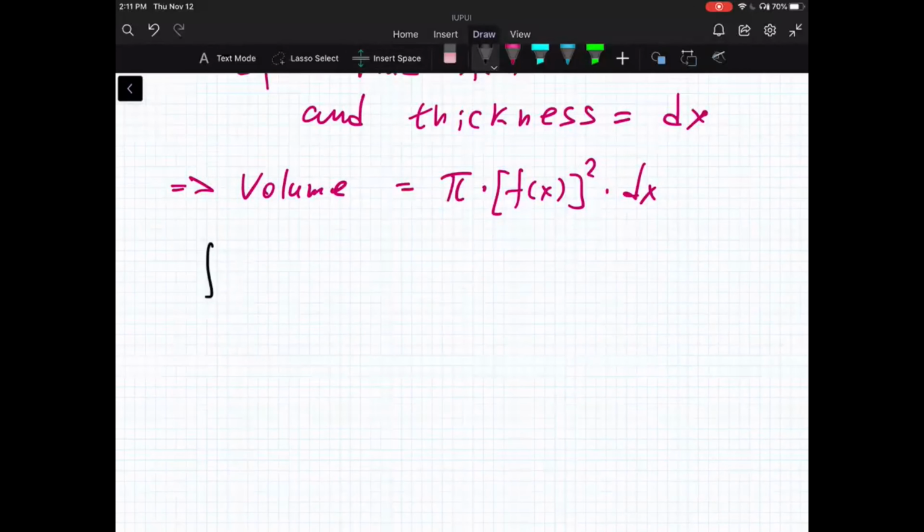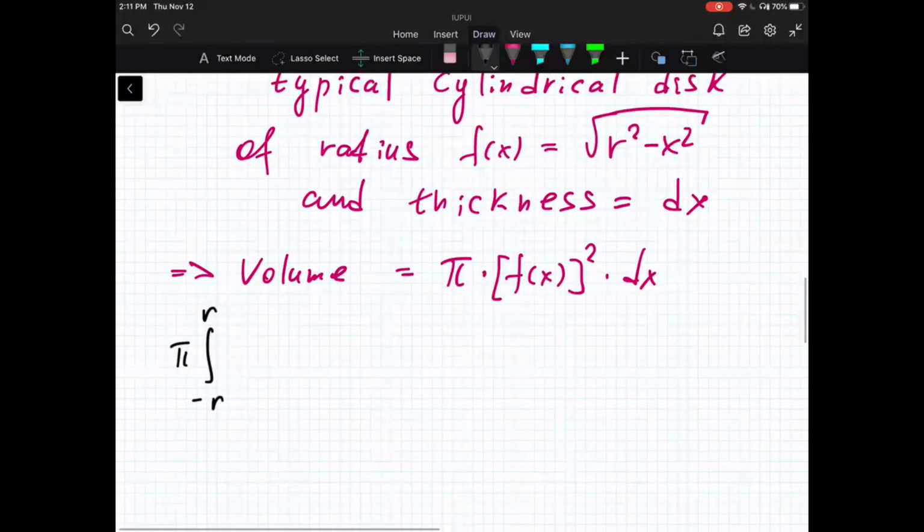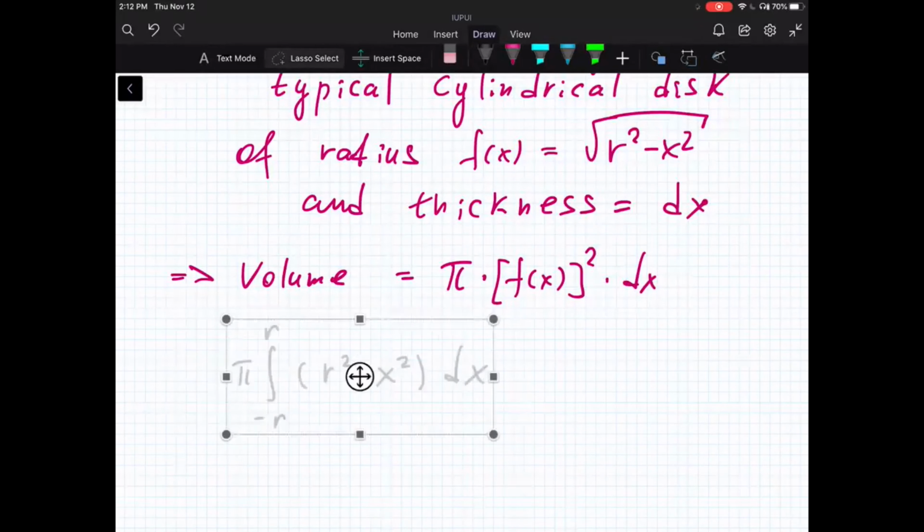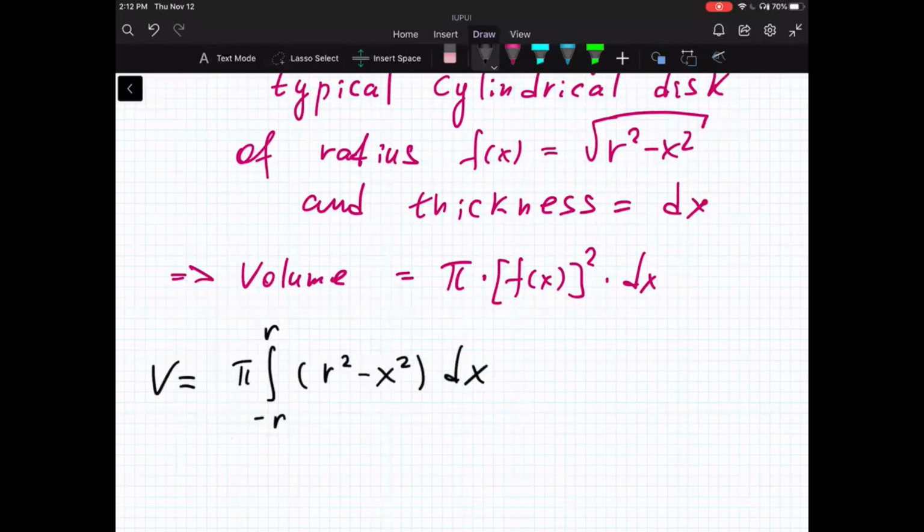So we have the integral from minus r to r of pi f of x squared, but our f of x is the square root of r squared minus x squared, so it becomes r squared minus x squared dx. And that should correspond to the volume of a sphere of radius r.